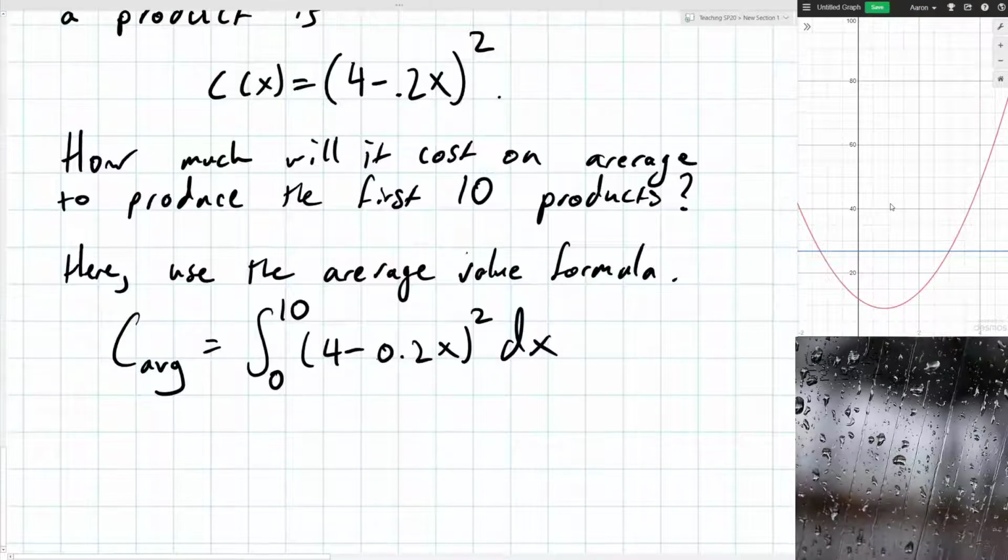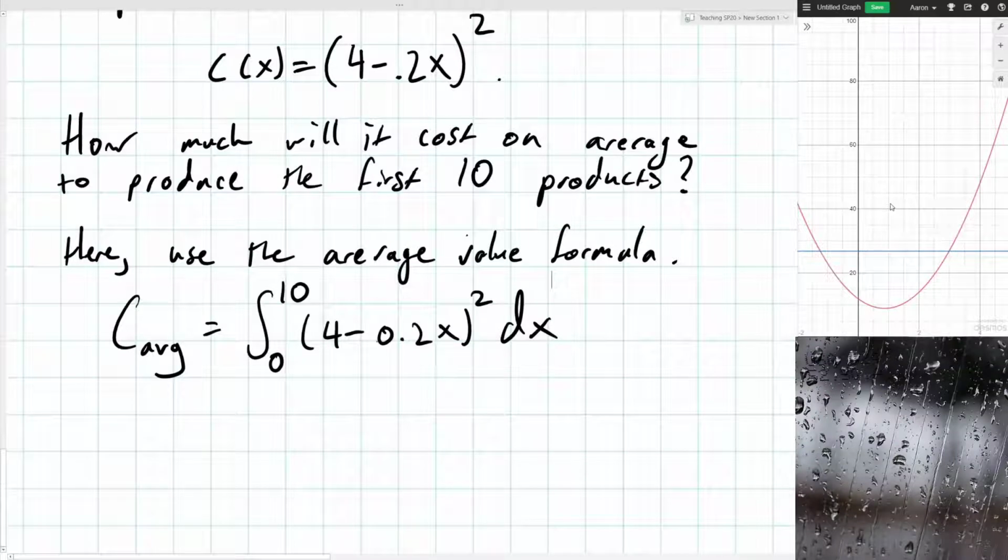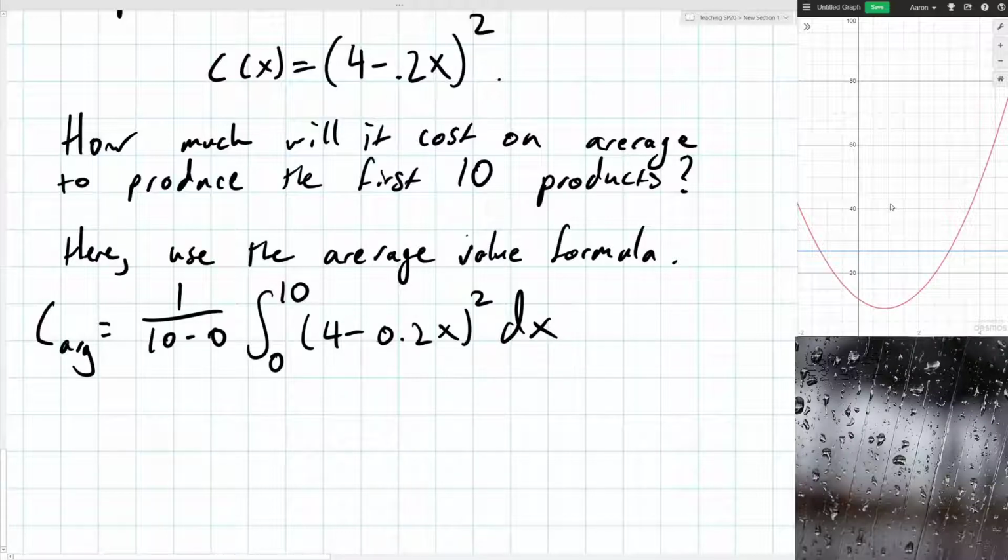So this integral, quick question. Go ahead. Why are we not using the 1 over b minus a in this situation? Because I forgot to write it down. Oh, okay. Thank you. Good catch. The average cost is 1 over 10 minus 0. Thank you.